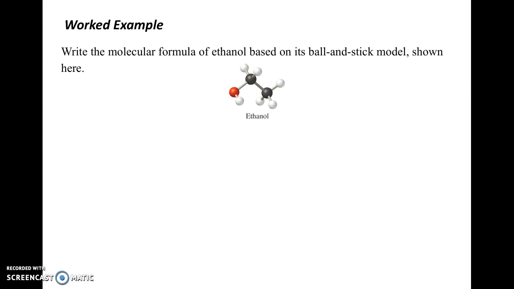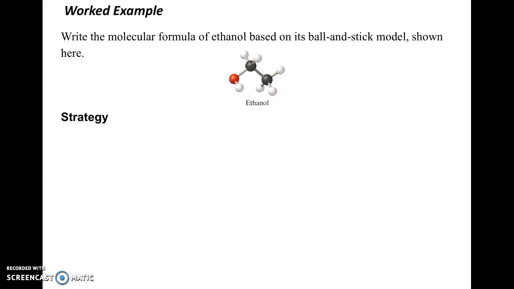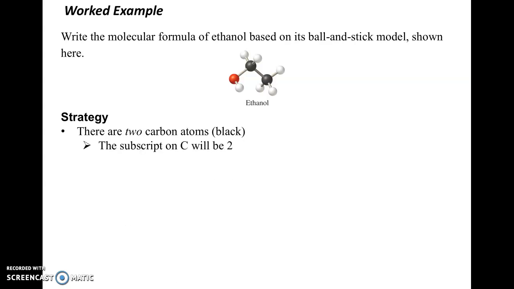All right, so here's an example. Write the molecular formula of ethanol based on this ball and stick model. So this is a structural formula. And to do this, we say, well, there are two carbon atoms, they're the black ones. So we're going to use a carbon with a subscript of 2.